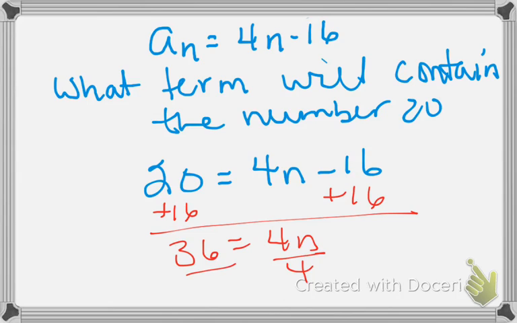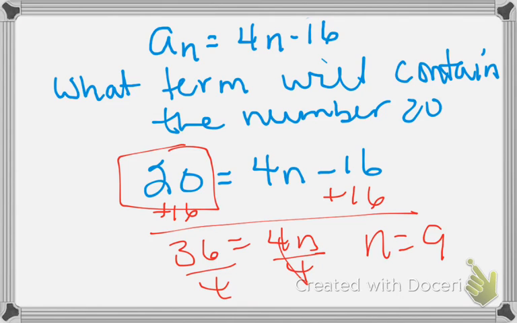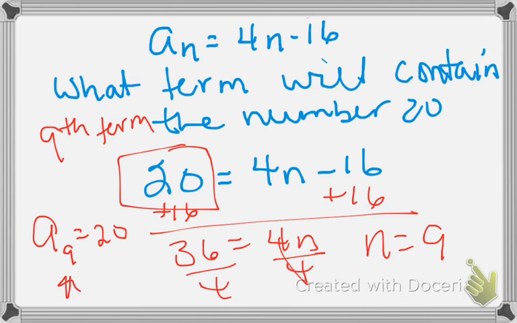Divide both sides by 4, and n is 9. So the 9th number is going to be 20. This is the 9th term. If we were to write this correctly, we'd say a sub 9 equals 20, where 9 represents what term you're looking for.